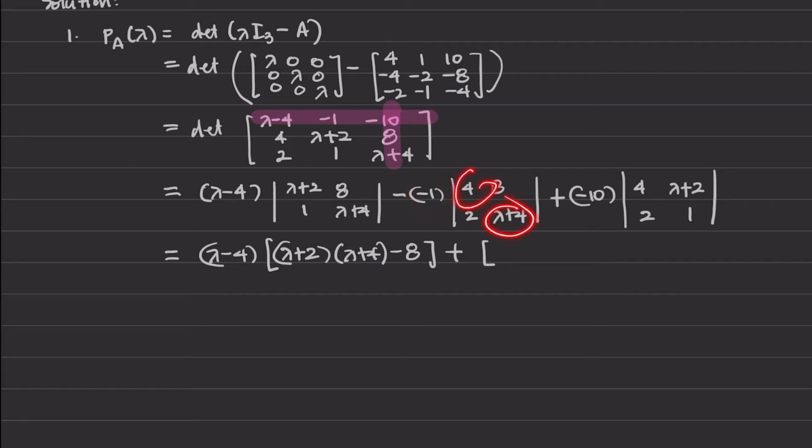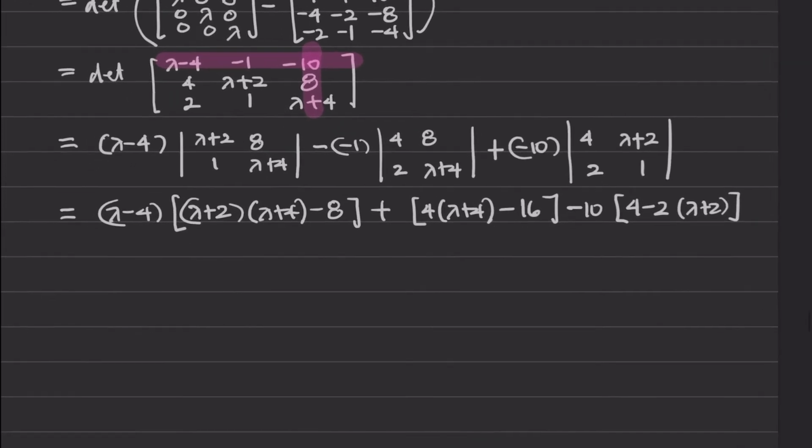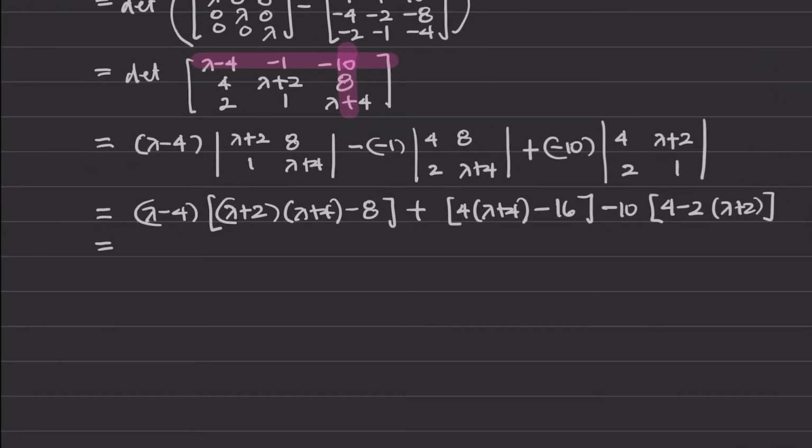So, 4 times this, minus, yung product nito, 16, minus 10 ng 4 minus twice ng lambda plus 2. Ayan, so simplify natin ito. So hopefully maganda yung kakalabasan.